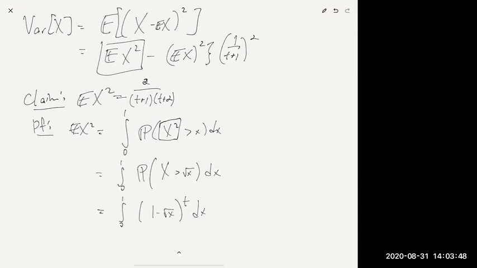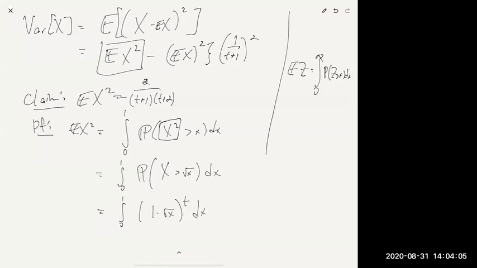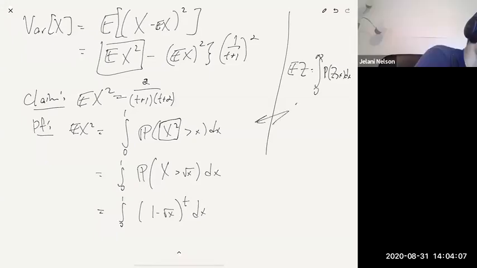Oh, right. Just in general, the expectation of Z, any non-negative random variable Z, is the integral of the probability that Z is bigger than little x dx. Right. Sorry about that. No problem. So here, my Z is just x squared.